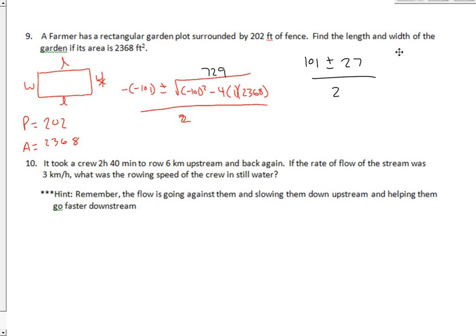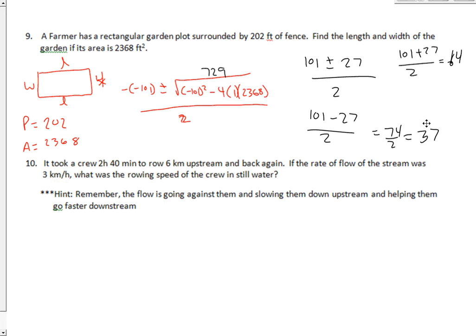And I will get 101 plus 27 over 2, which is 64. And then I'm going to have 101 minus 27 over 2, which is 74, divided by 2, which is going to be 37.